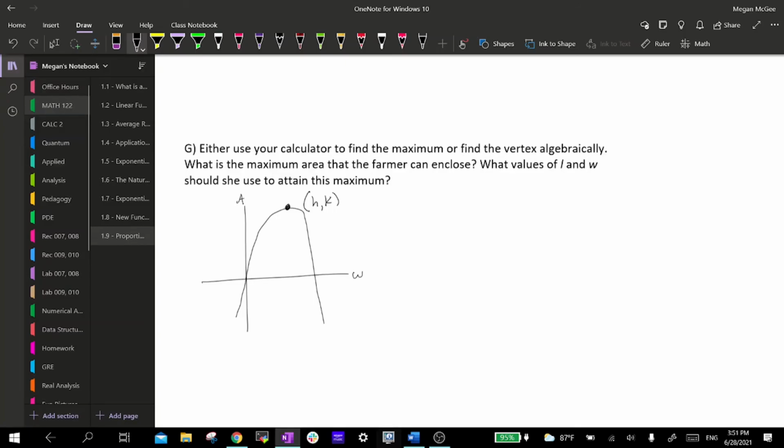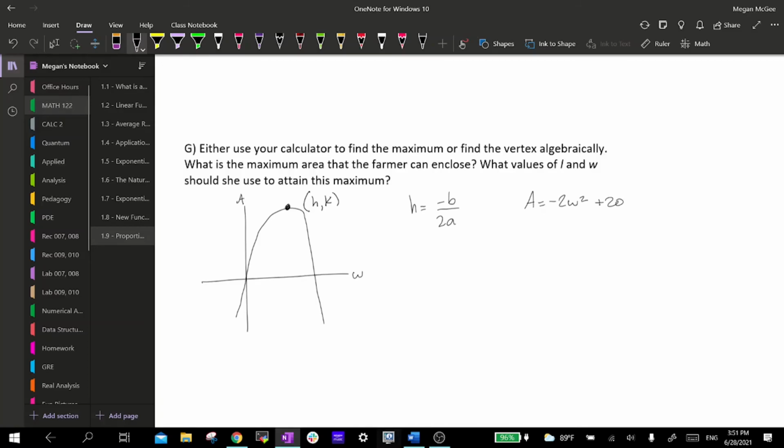All right. So our formula for h, again, you could use a calculator for this. I'm just going to go ahead and do it algebraically because it's not too many steps. But we have a formula for h, where it's negative b over 2 times a. And where do b and a come from? Well, those come from the coefficients of our quadratic equation. So we had A is equal to negative 2w squared plus 20w.